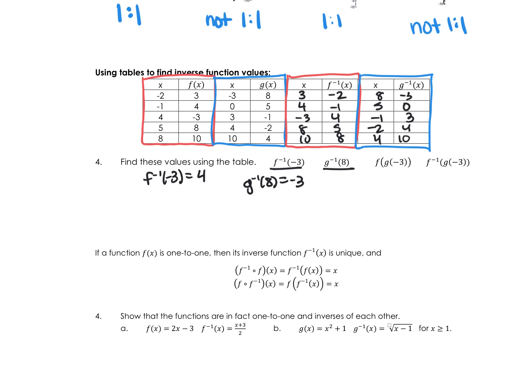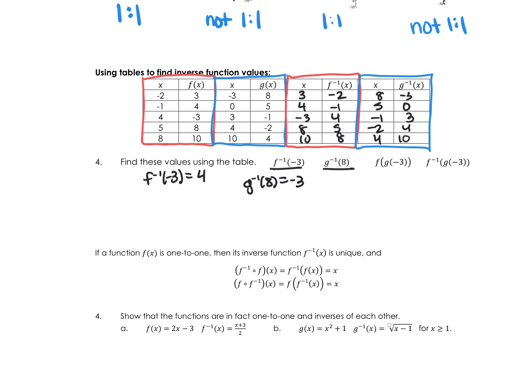So we just did this one. I want you to find G inverse of 8. So use your G inverse table and find G inverse of 8. If you go to your G inverse table, this is your X value, right?